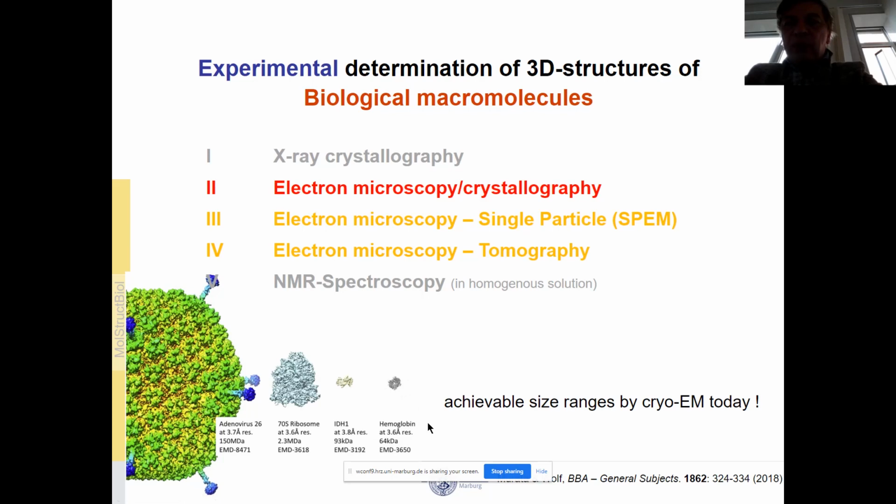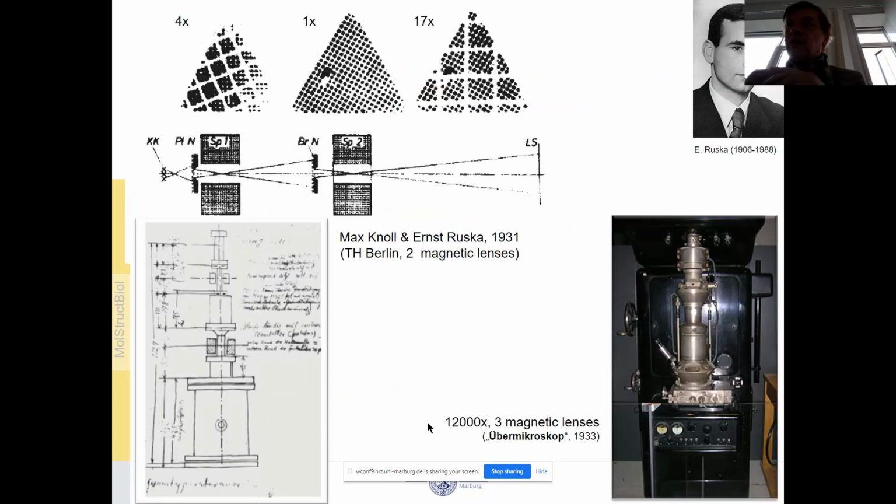So before we go to these techniques for getting these kinds of structures, something to mention about electron microscopes. Electron microscopes were invented in the 20s. Please remember that the Fernseher, the television set, was developed in Berlin, mostly in Germany.